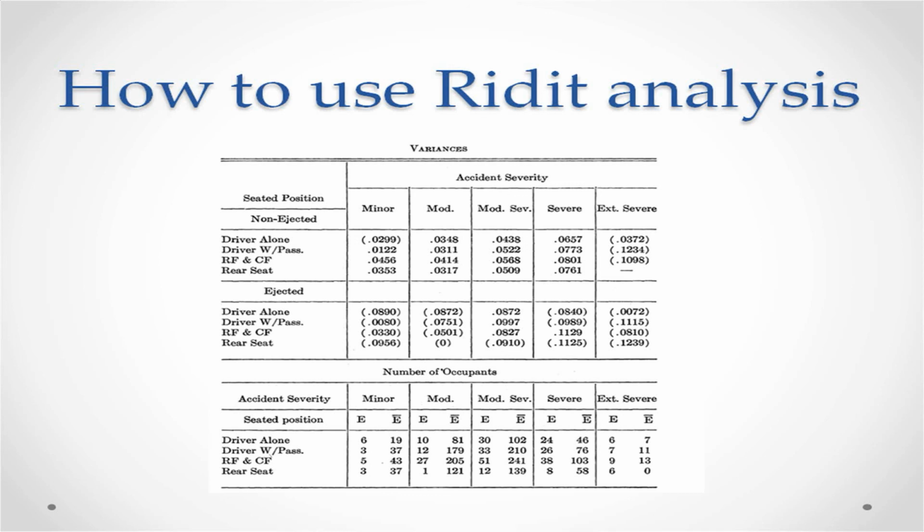This means that the probability that an individual in the above class will experience an injury worse than the individual in the reference class is estimated as 0.27.